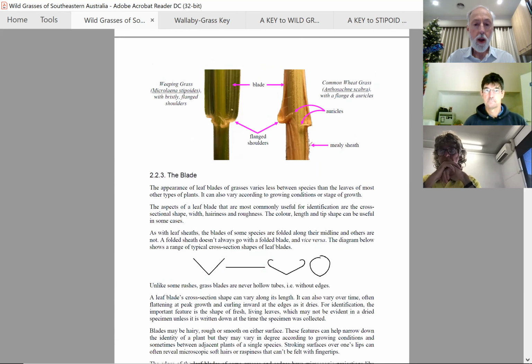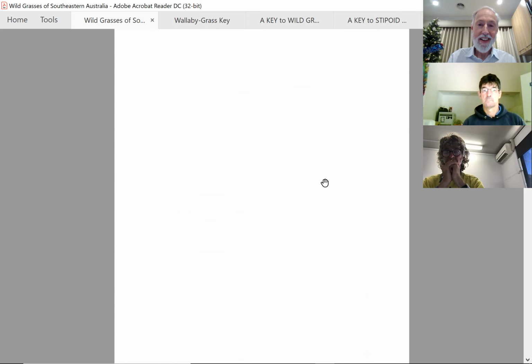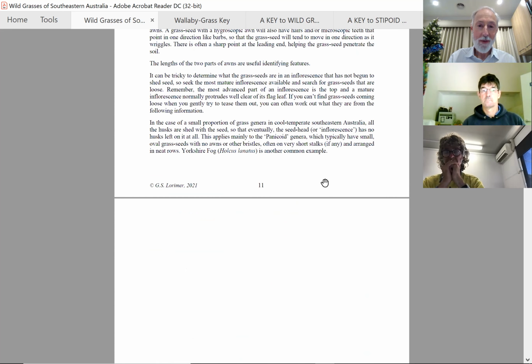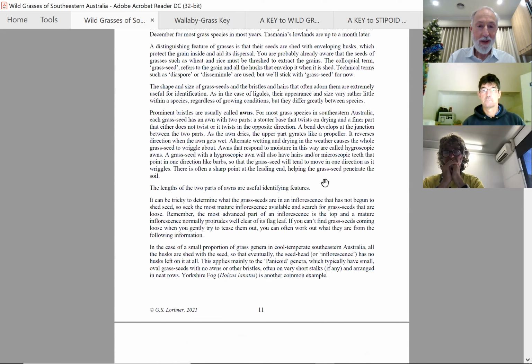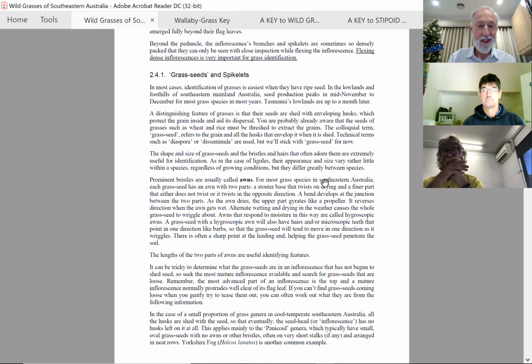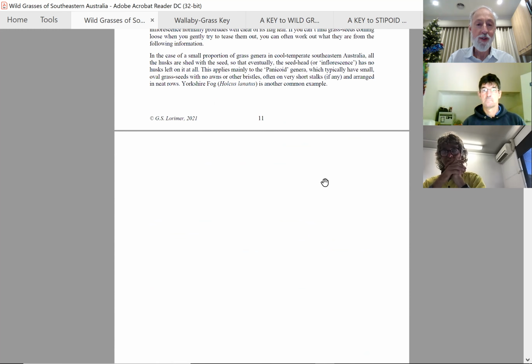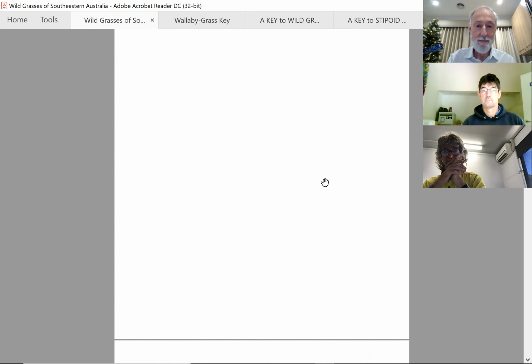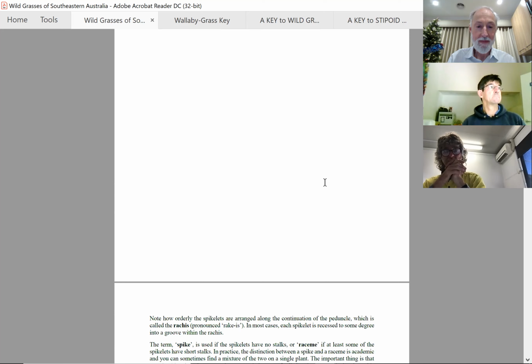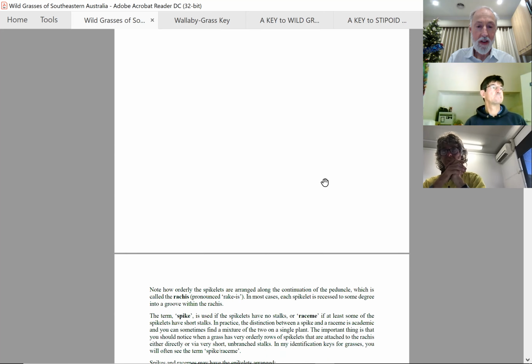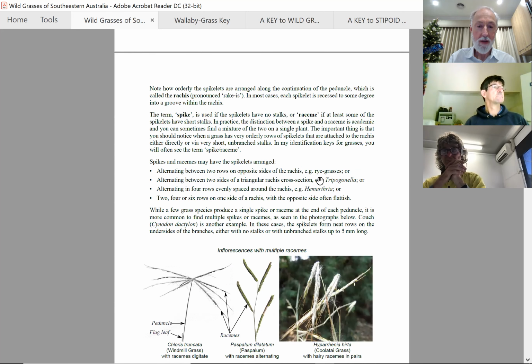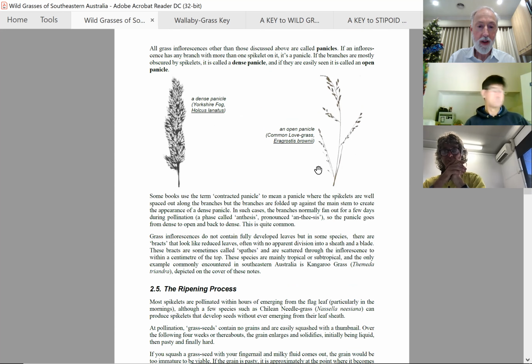I think that must be the most important page that's gone missing. Can anybody tell me whether page 12 is the start of chapter 3? Let's see. I'll just scroll down further.